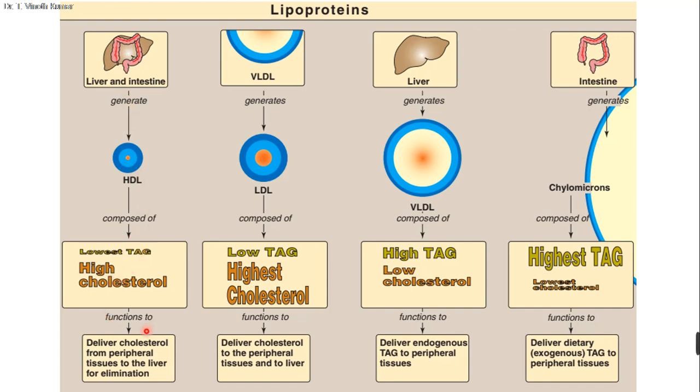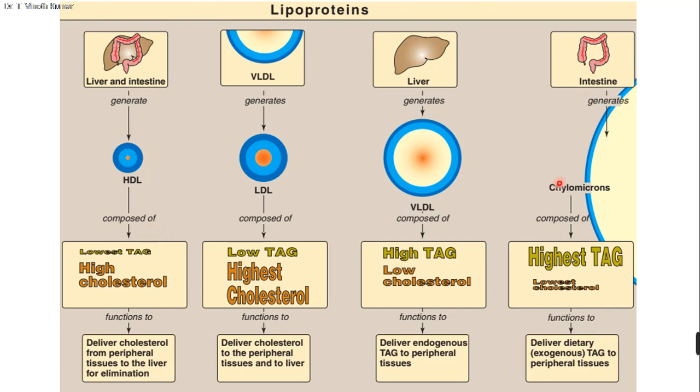It functions to deliver cholesterol from peripheral tissues to the liver for elimination. It collects all the cholesterol and gives it to the liver for further elimination, either by bile acid, which may be liberated into the intestine again.